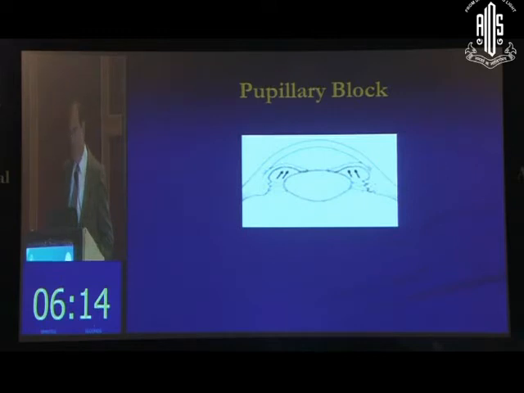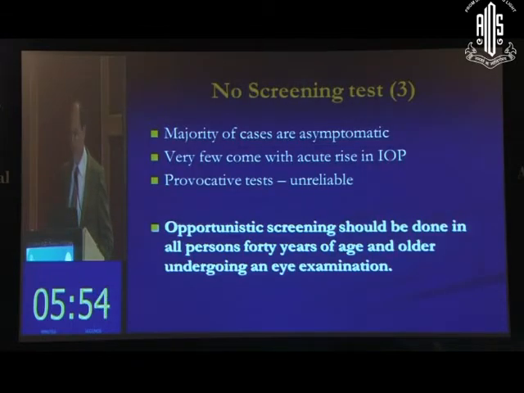Pupillary block is probably the most common and a little better understood mechanism, and it's not that one patient will have only one mechanism. There could be multiple mechanisms playing a role in the same patient. So from the therapy point of view, it is very important to understand the mechanism of angle closure, because that has a bearing on the treatment that we are going to prescribe to the patients.